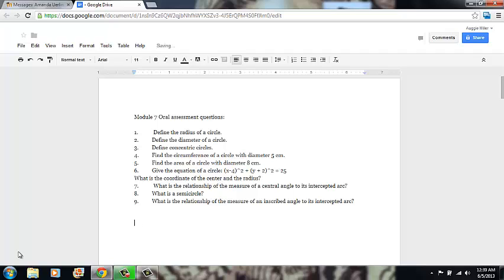The center of the circle is point (4, -2). And the radius would be 5, because the square root of 25 is 5.